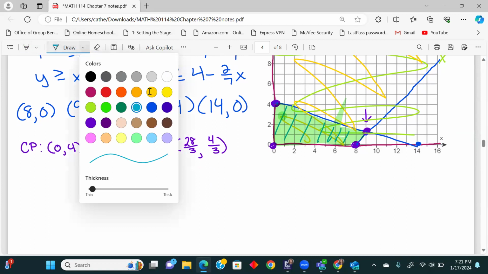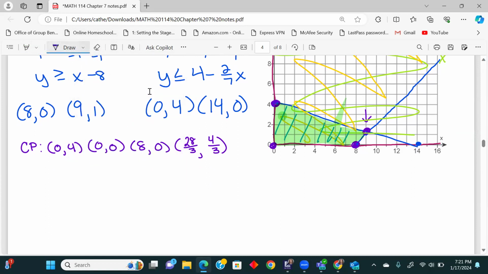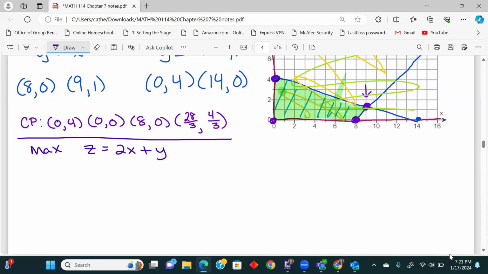All right, so now we're going to get back. This one, they're asking us to maximize z equals 2x plus y. Oh, it's the same one. So we need to find the maximum value using the corner points. So let's start by plugging those in.